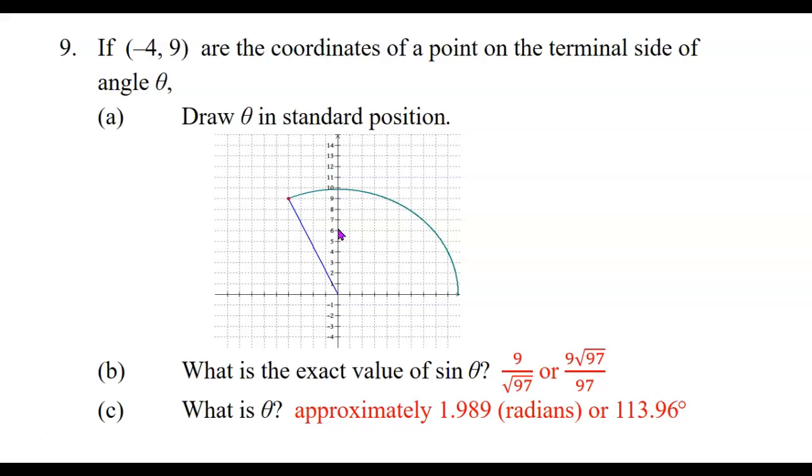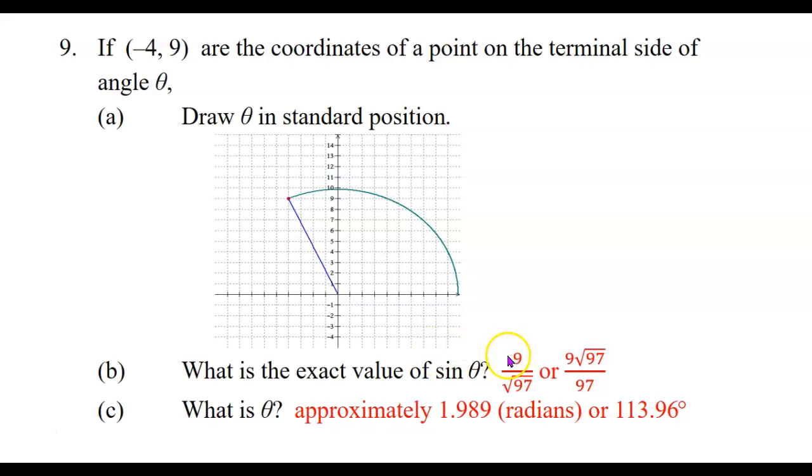The exact value of the sine of that angle would be y over r. The y coordinate is 9, and r is the distance from the origin to that point. So that would be the square root of 16 plus 81. -4 squared plus 9 squared is 16 plus 81, so that's 97.